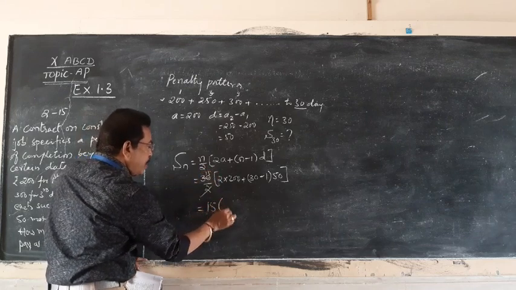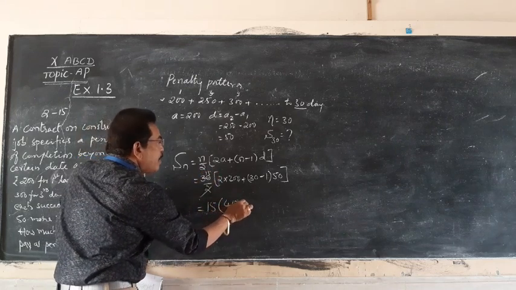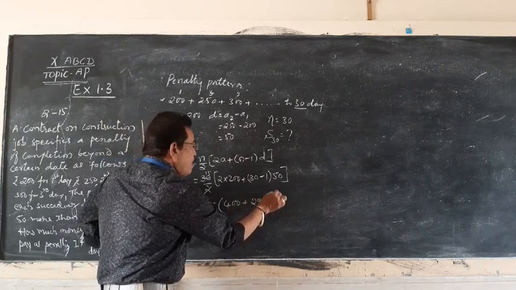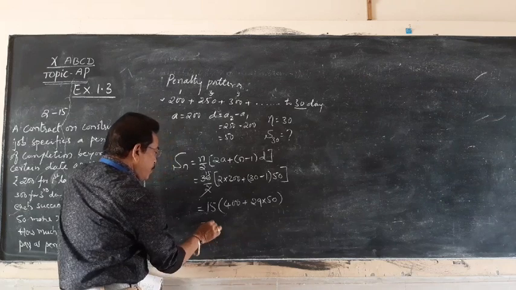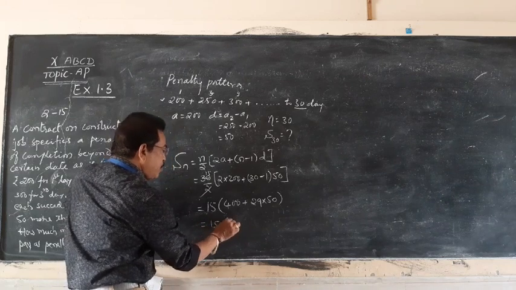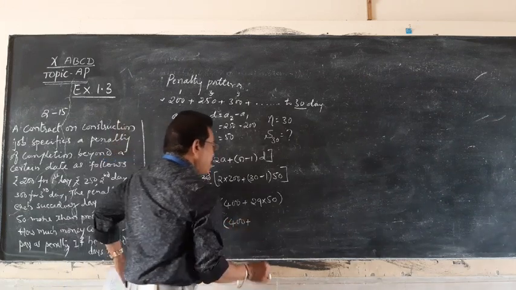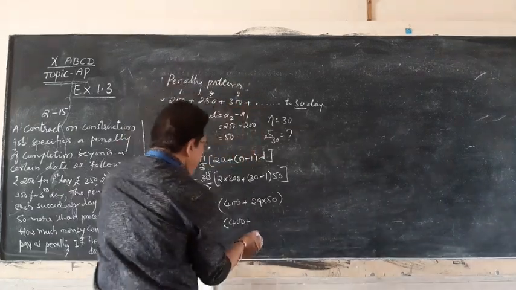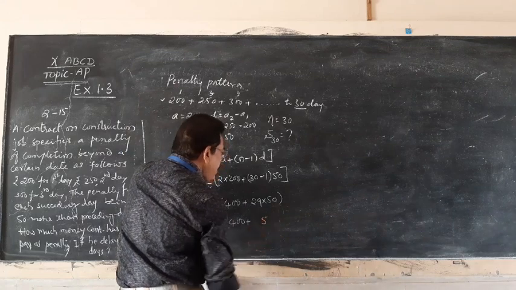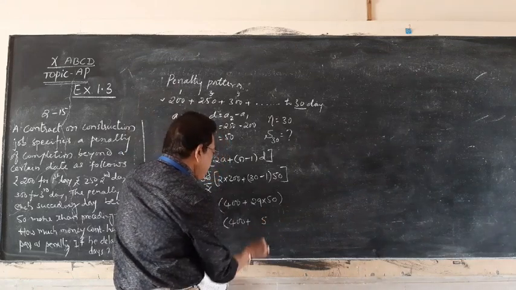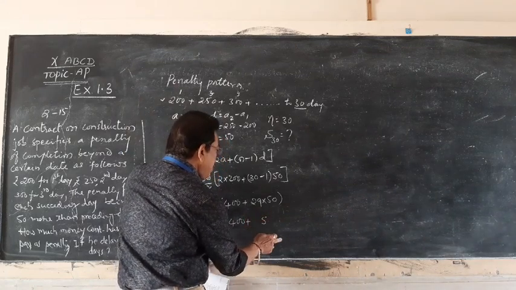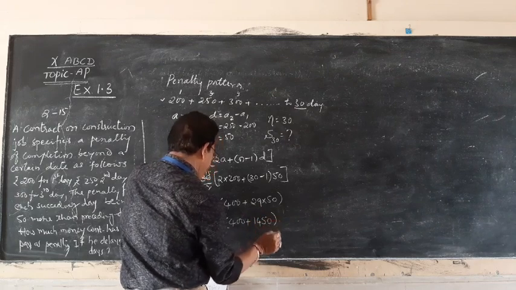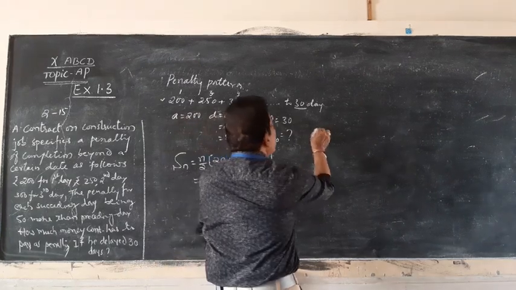This one is 15 into 400 plus 29 into 50. 29 times 50 is 1450, plus 400 is 1850.